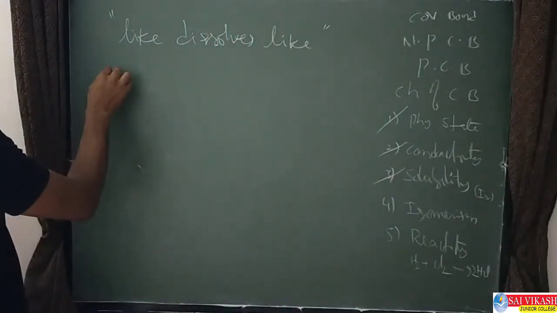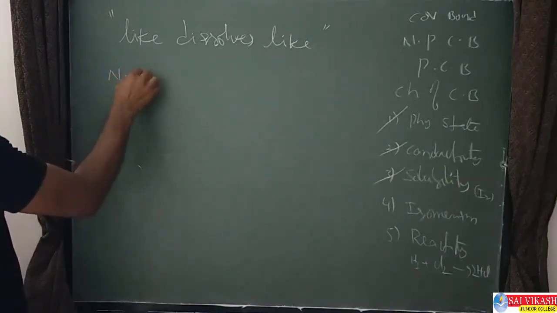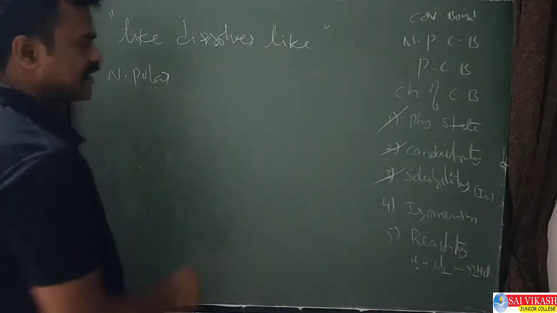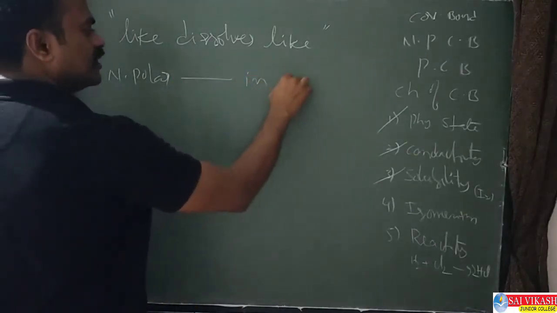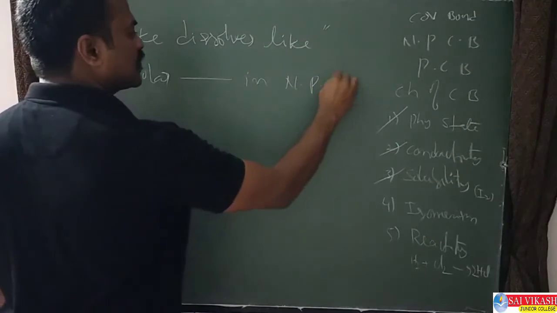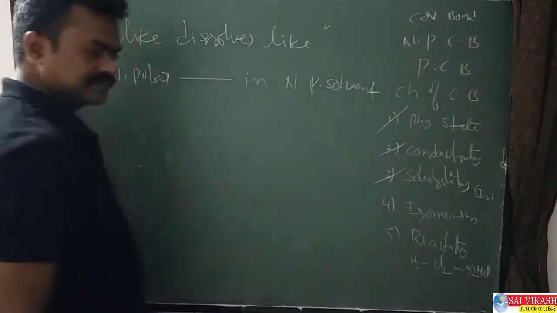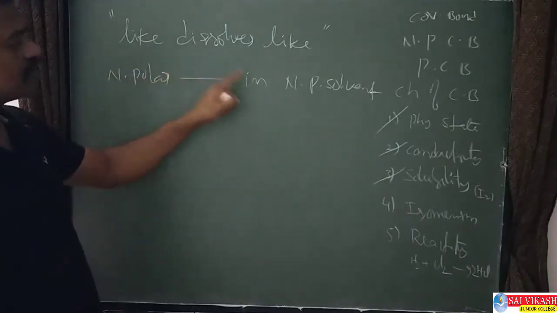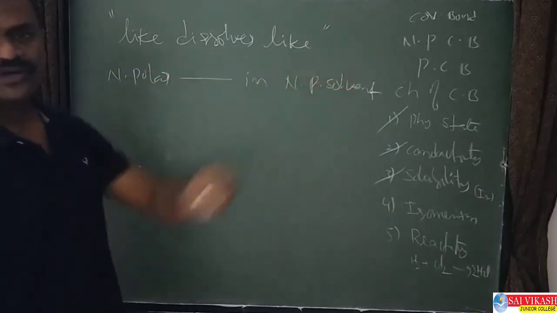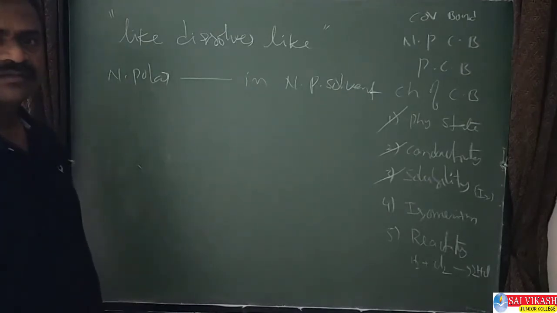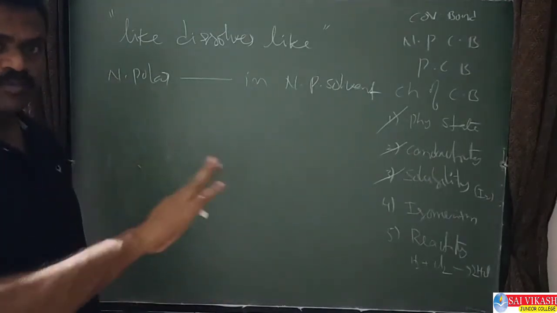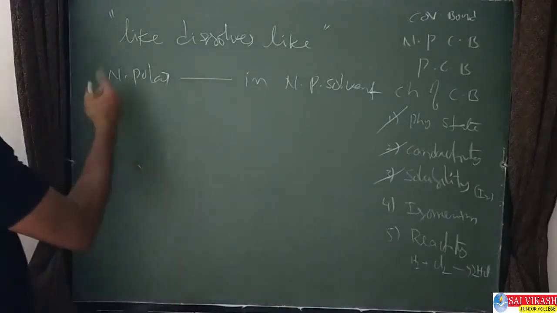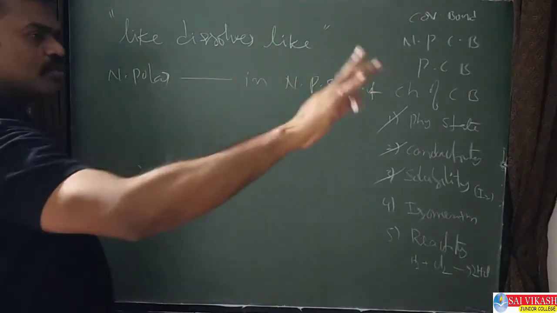If the compound is non-polar, then it is soluble in non-polar solvent only. If the compound is non-polar, it is soluble in non-polar solvent only. I told you about non-polar covalent compounds and polar covalent compounds. If it is non-polar, it is soluble in the non-polar solvent only.